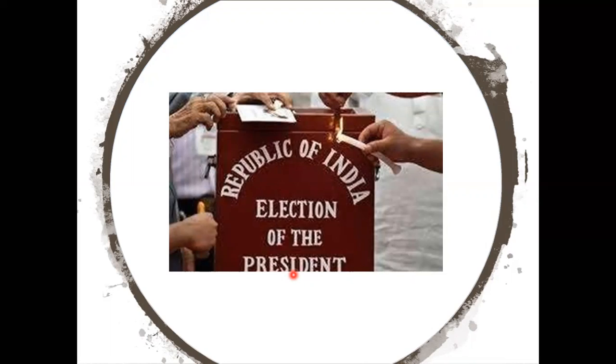He is the head of the Union Cabinet. The meetings of the Union Cabinet are held under the chairmanship of the Prime Minister of India. All decisions on issues of national and international importance are discussed and taken under his chairmanship.